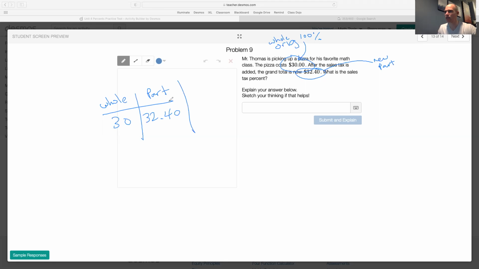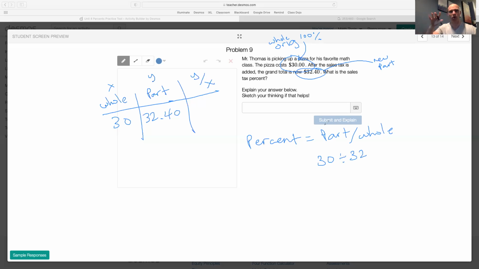And then you're just trying to figure out your K in this case, which would be the percent. And so if this is your X and this is your Y, you need to do Y divided by X. And if you're in my class, we would just think of it as this formula, percent equals part divided by whole. And so either way, you're going to wind up doing 30 divided by 32.